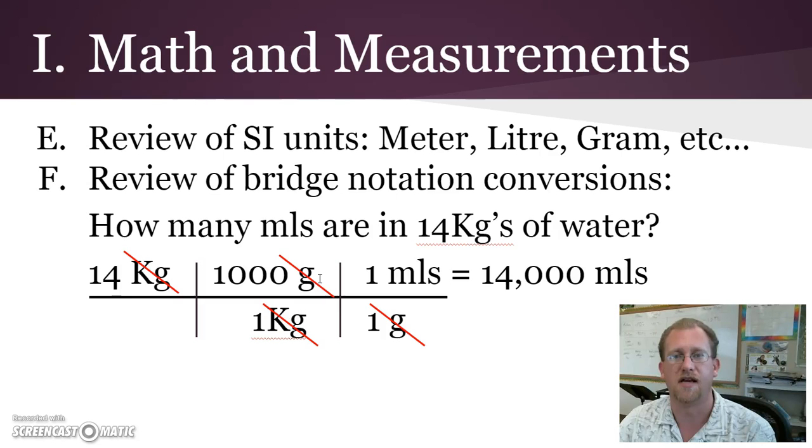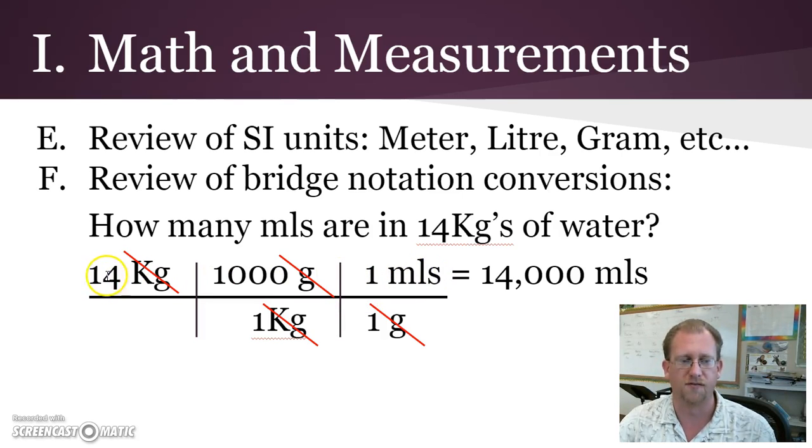And the density of water is 1 gram per milliliter. Okay, so I could say, well, that's really convenient. 14 kilograms times 1,000 grams per kilogram times 1 milliliter per gram. All of the units cancel out, kilogram, kilogram, gram, gram. And the only unit I'm left with is milliliters.